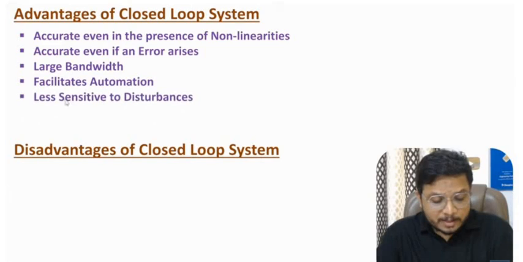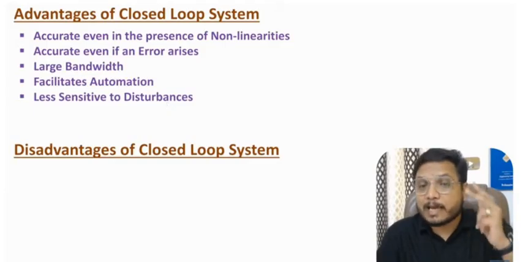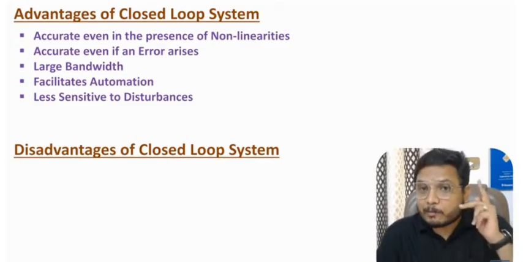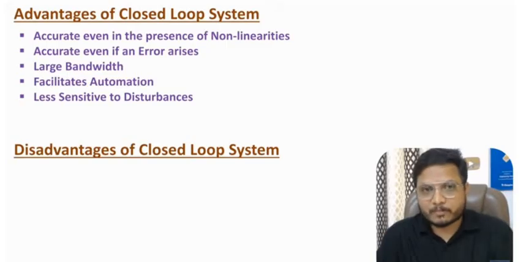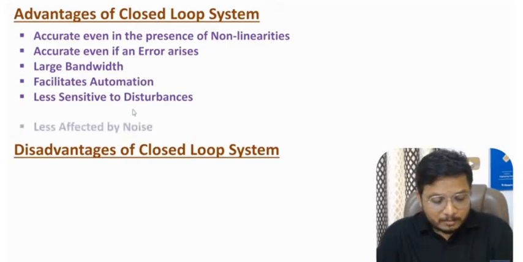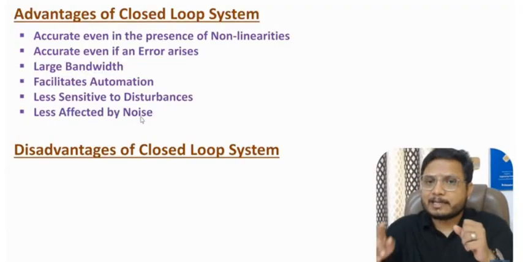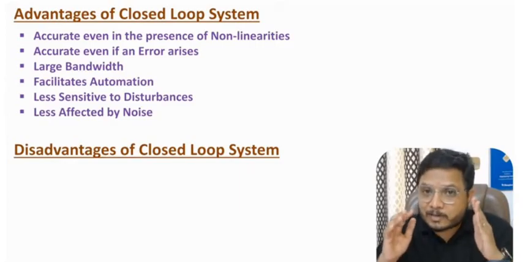See, closed loop systems are less sensitive to disturbances. Why is it less sensitive to disturbances? The reason is, the gain of a closed loop system is always lower. That's why the sensitivity of a closed loop system is always lower compared to an open loop system. See, a closed loop system is less affected by noise. The reason is, there is feedback, and because of feedback, the gain of the system is decreasing and sensitivity is also decreasing.